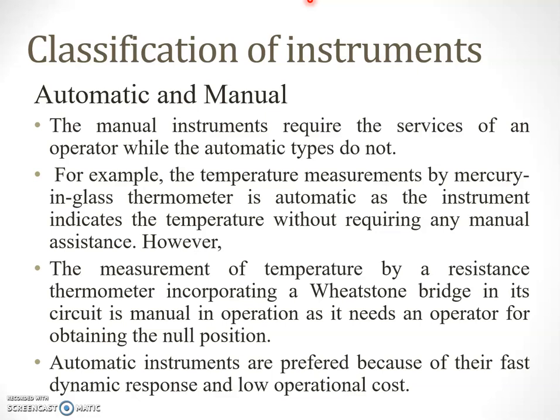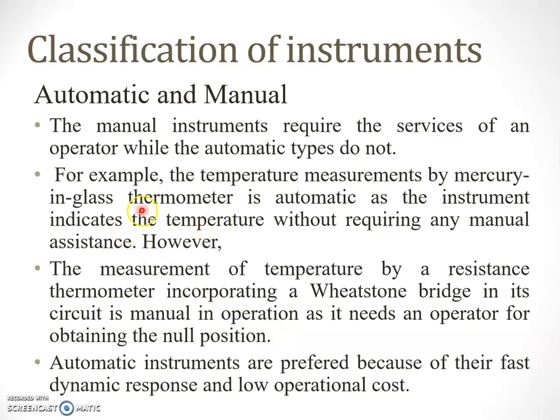Then the measurement of temperature by a resistance thermometer is a manual type instrument because there is a requirement of an operator, or some adjustment, for the measurement. We have to get the null position, we have to make some adjustment for that measurement.